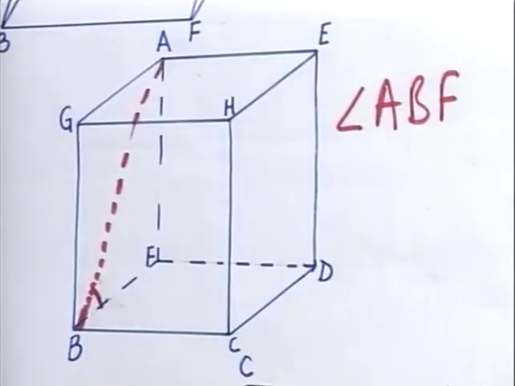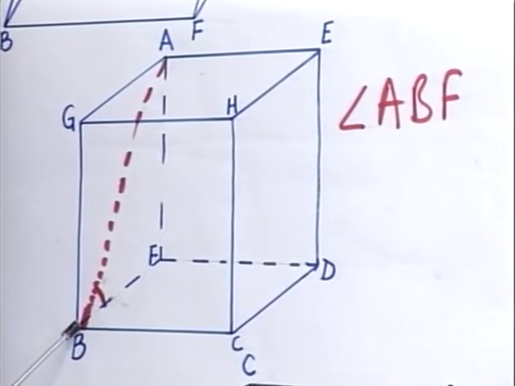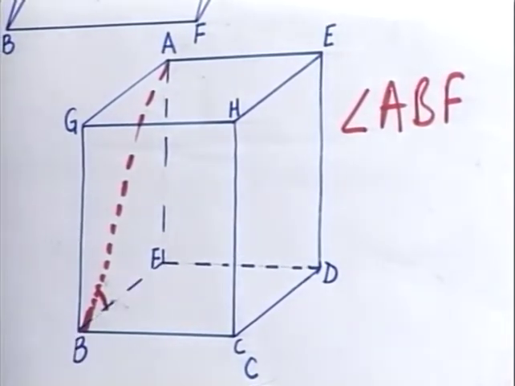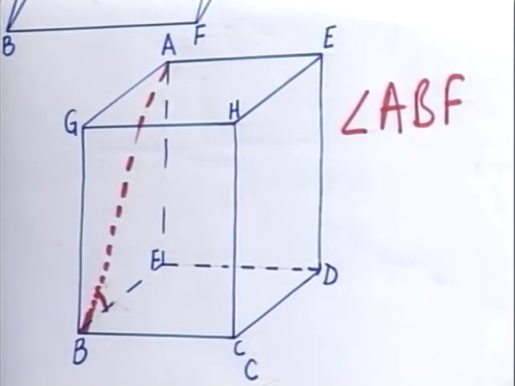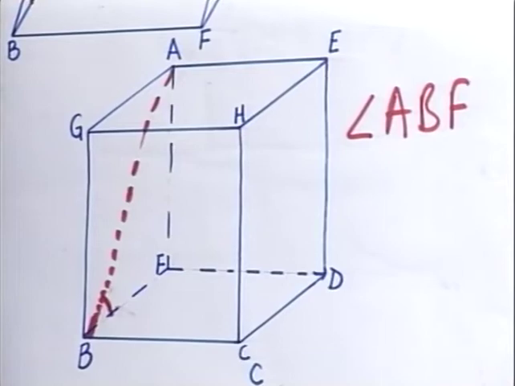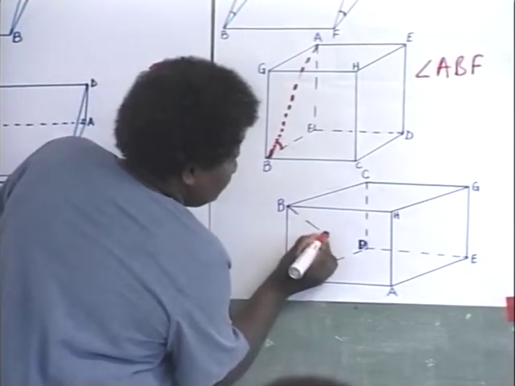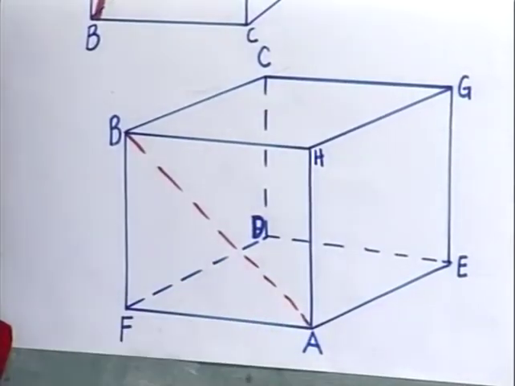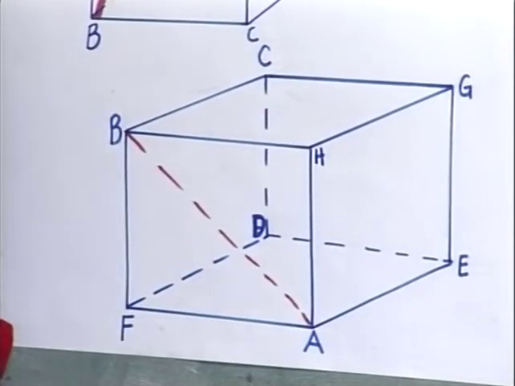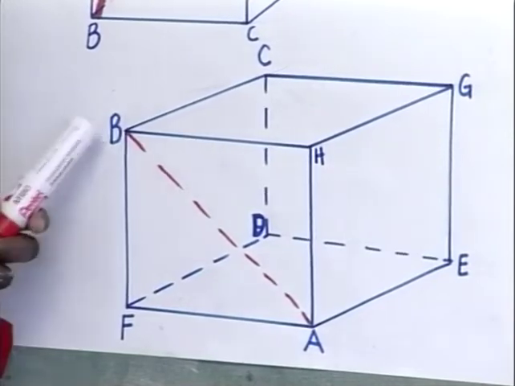Okay, again, there is a vertical line already from A to the base, to the plane BCDF, and then from this point to there, that will be the angle that is required, angle ABF. Okay, next, the line AB. It's this line. We need to find the angle between the line AB and the base BCDF.